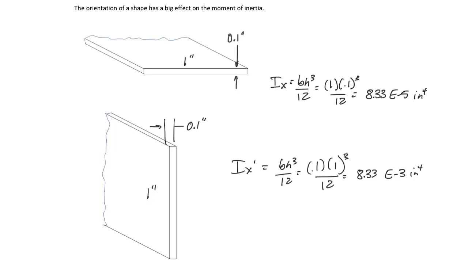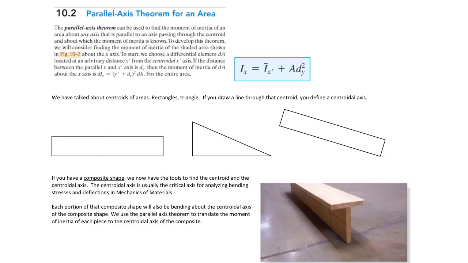So if you just look at the values here, this one is 100 times stiffer, 100 times higher when it comes to the moment of inertia, and therefore you would see 1/100th of the deflection for a given force applied.